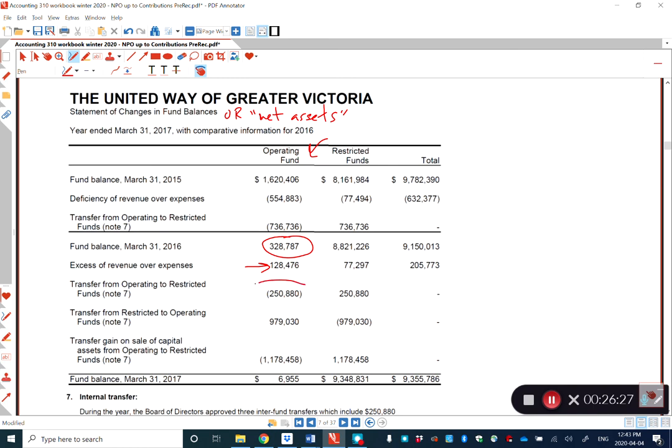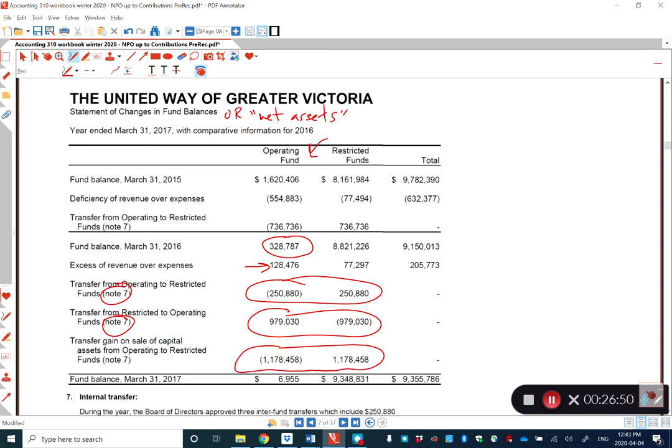You'll see a lot of the time on these changes in fund balances, you have transfers between various funds, and those are going to show up right here. It talks about notes, and those notes will usually describe why this amount of money changed hands from one fund to another fund. Here we have another transfer from yet another fund.